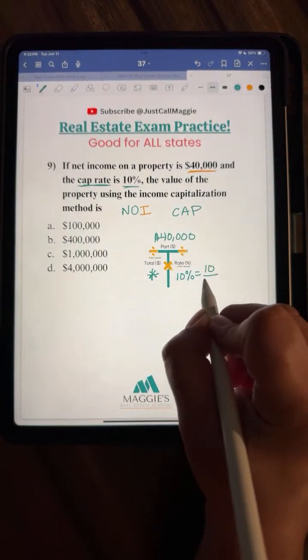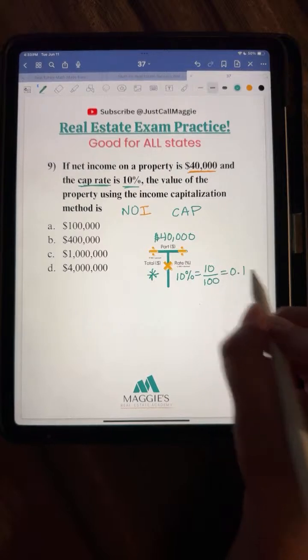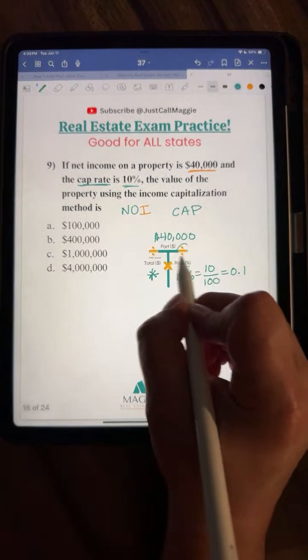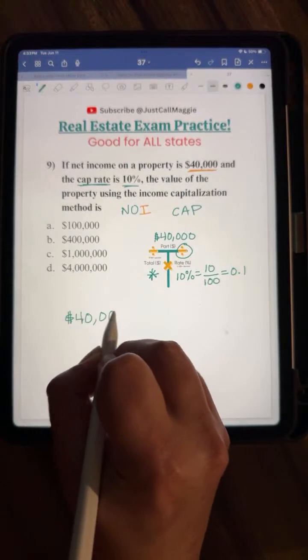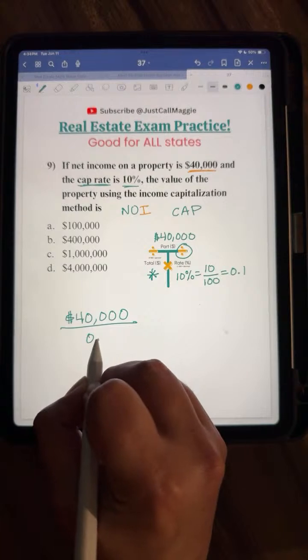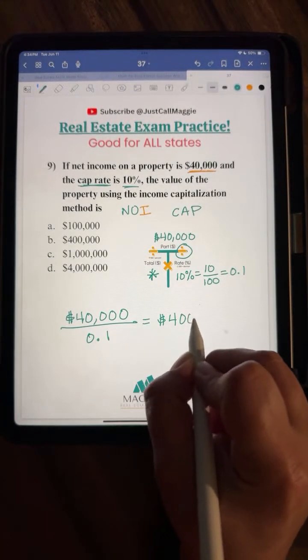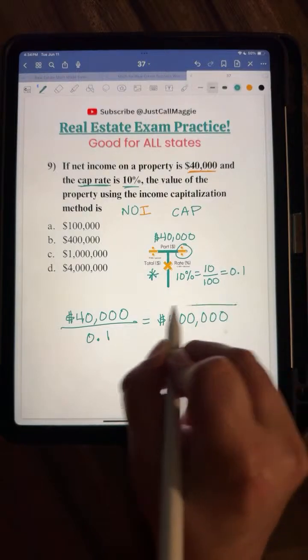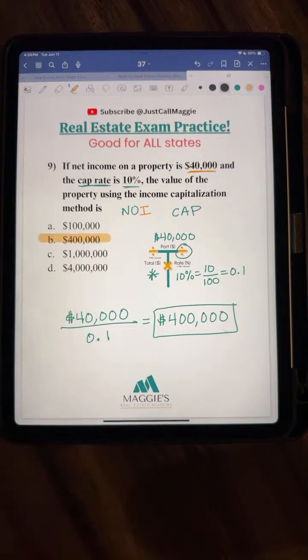So now we're going to convert 10% into a decimal by dividing by 100. That's going to equal 0.1. And now we divide. So $40,000 divided by 0.1 is going to leave us a value of 400,000. Very good. So the answer is B.